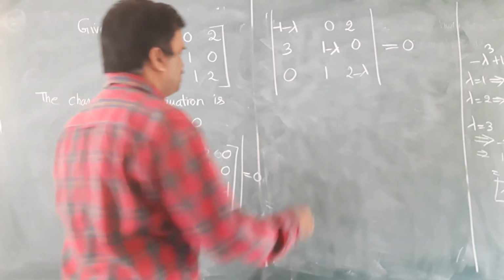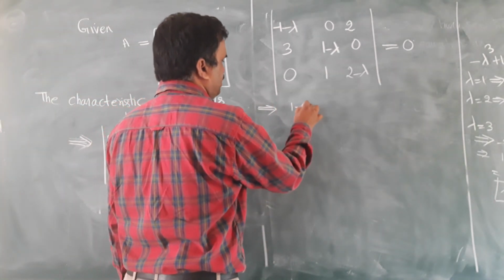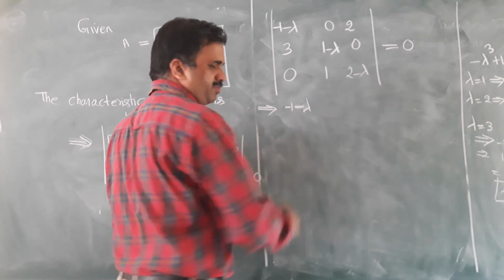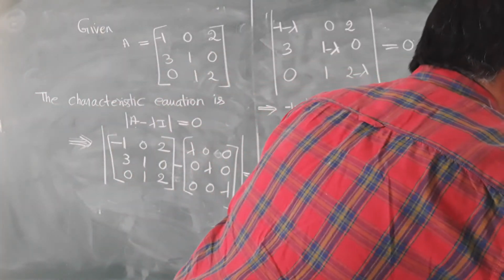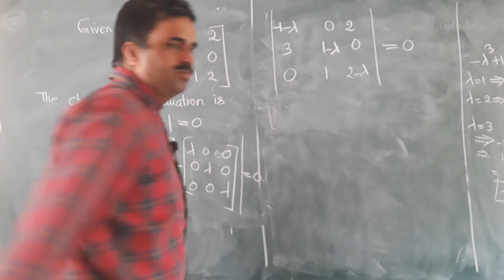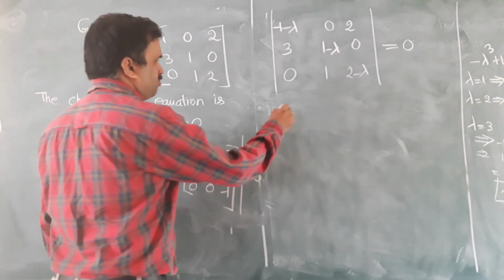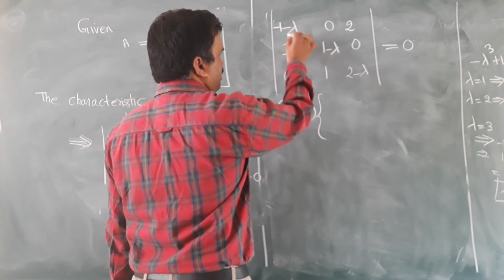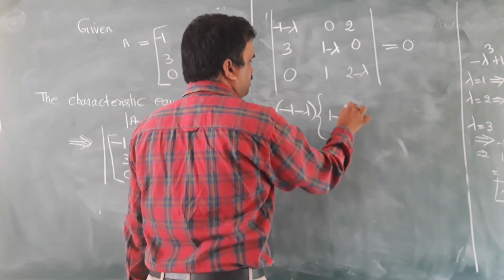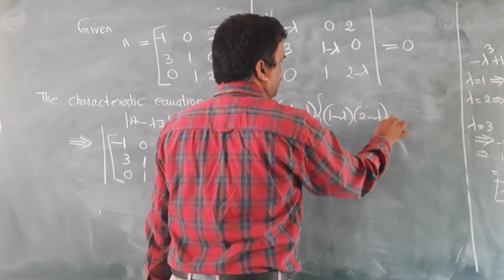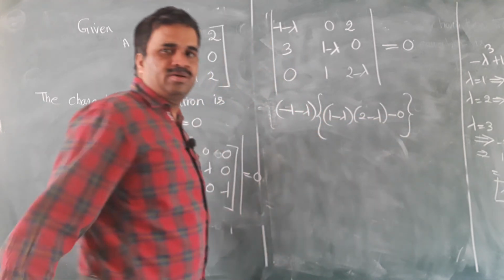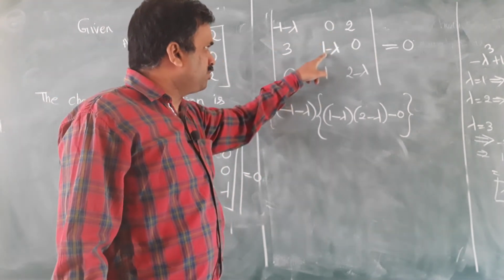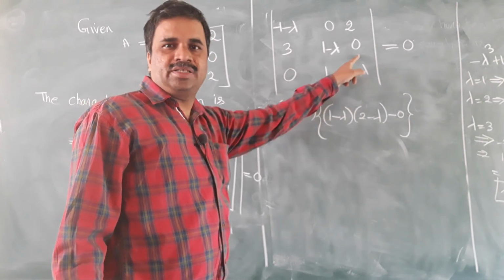We have to find the determinant. Take -1 minus lambda times AD minus BC: leave this column and this row, 1 minus lambda times 2 minus lambda minus 0.